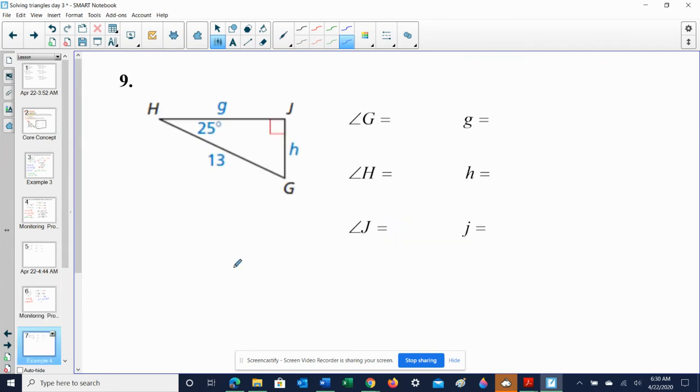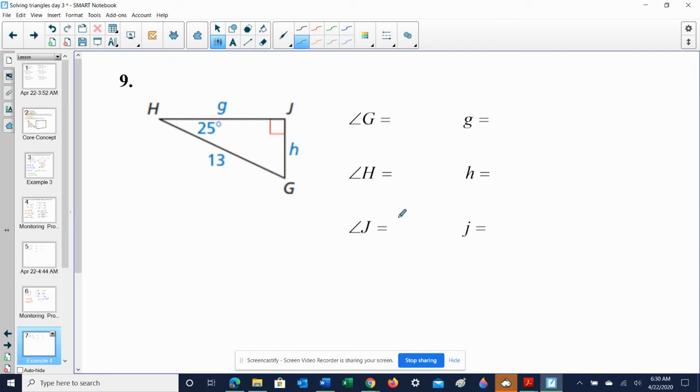Here's another one. How would we do this? Well, in this one again, we know one angle and one side. So we're going to have to use the angle to find one of the other sides. We can use the angle to find the third angle easily enough. Identify our 90-degree angle first. That's here.